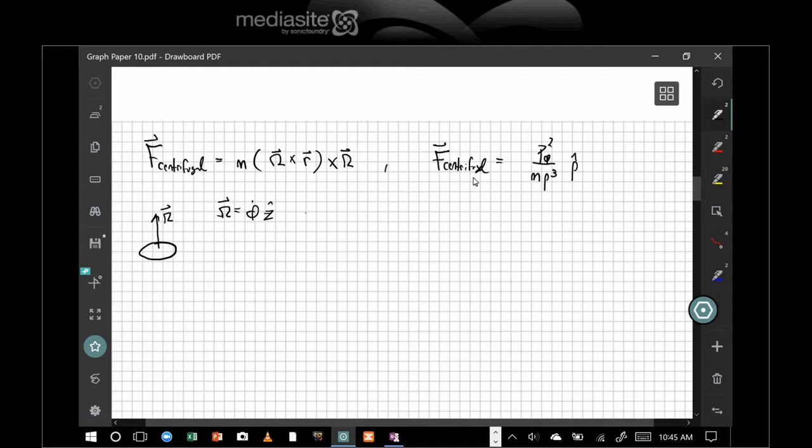Now what's this thing here? We're going to give that a name. We're going to call that the Coriolis force. And then finally, the last term, we're going to call this centrifugal force.